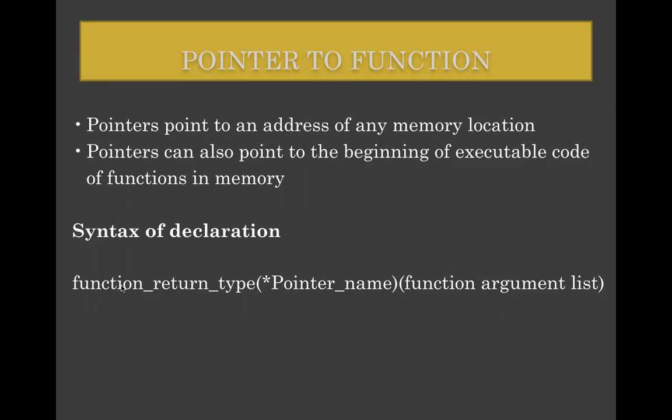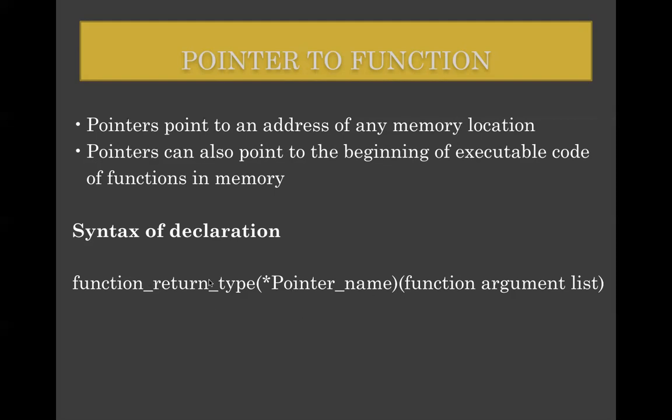So the syntax for declaring a pointer to a function is: the function's return type, and within brackets, the pointer to function name with an asterisk, the indirection operator, to denote it's a pointer. Then comes the function's argument list. This is how we declare a pointer to a function.